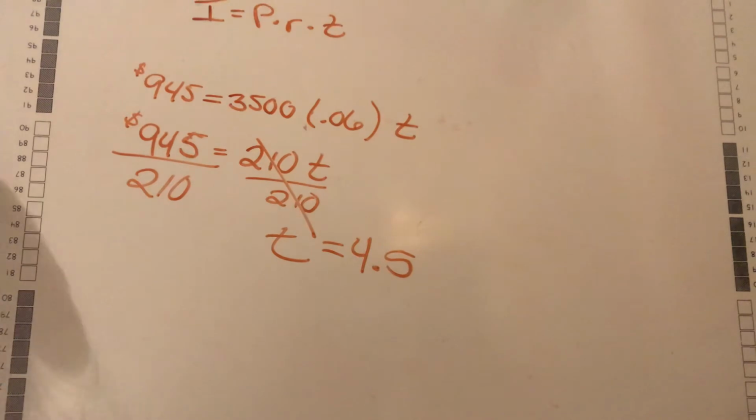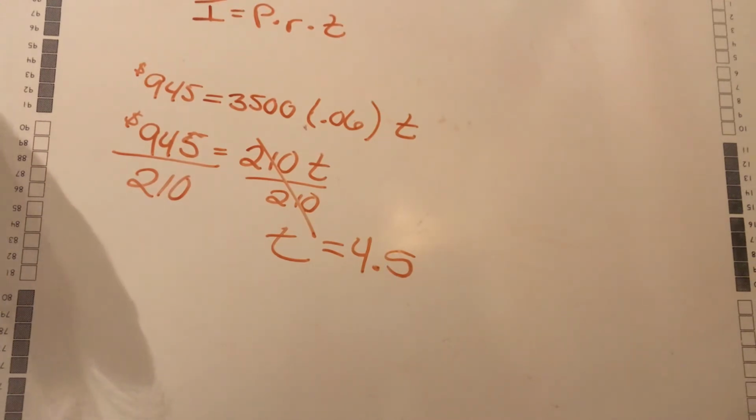So 4.5 years he had it invested. So at 6% for 4.5 years, on $3,500, he made $945 on top of that.